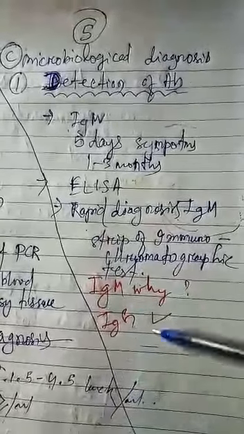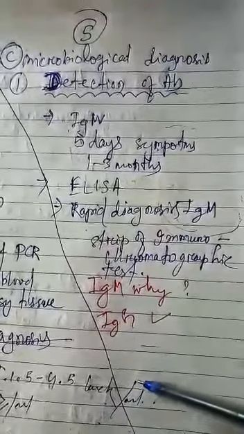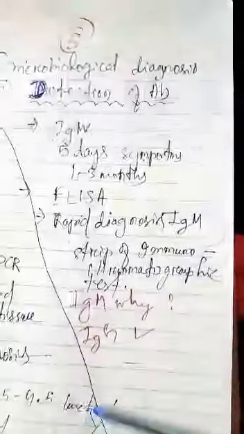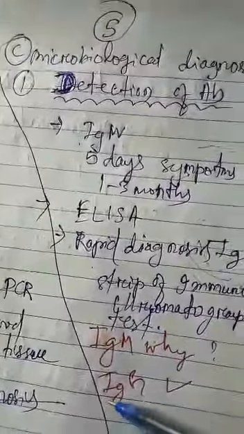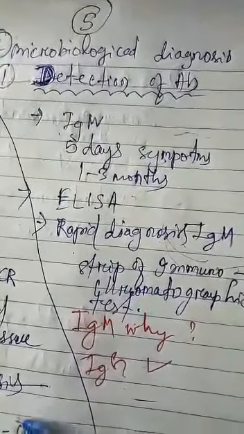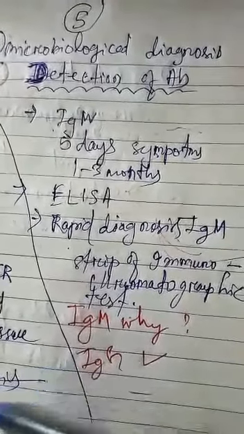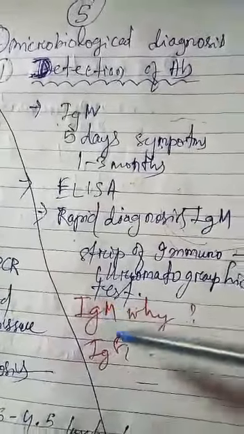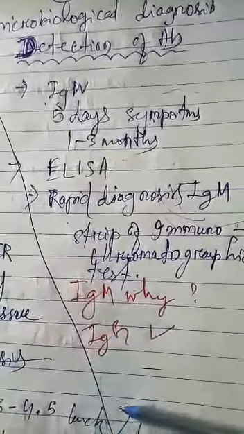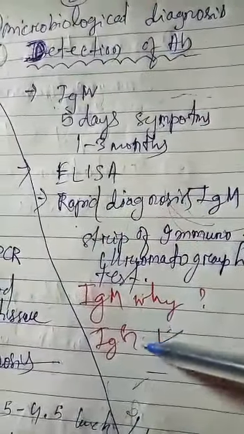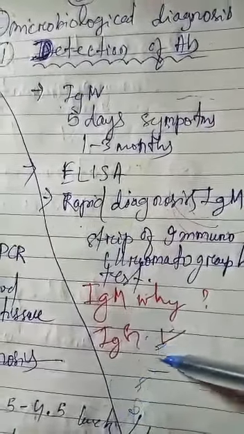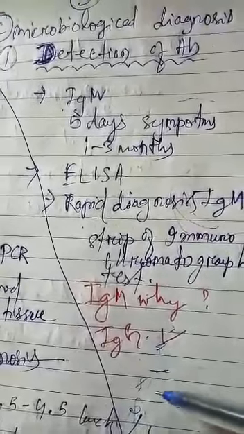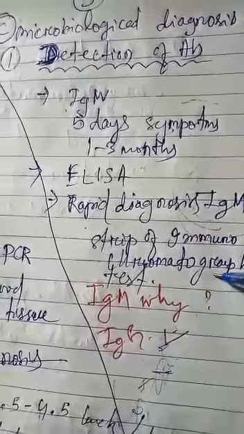Isotype switching is the biological mechanism that changes the B cell production of immunoglobulin from one type to another, such as IgM to IgG.